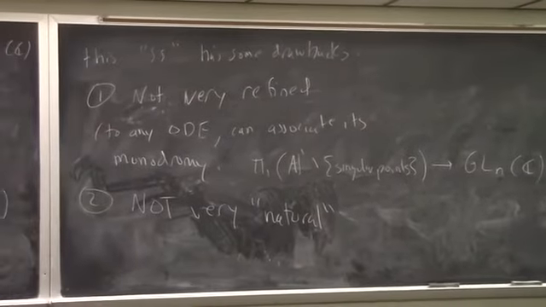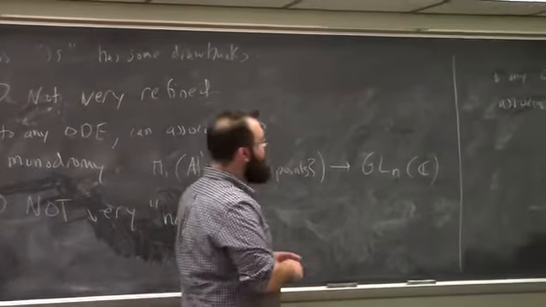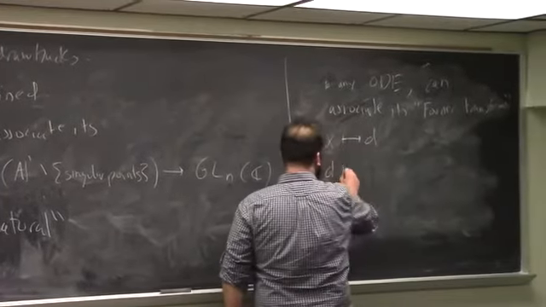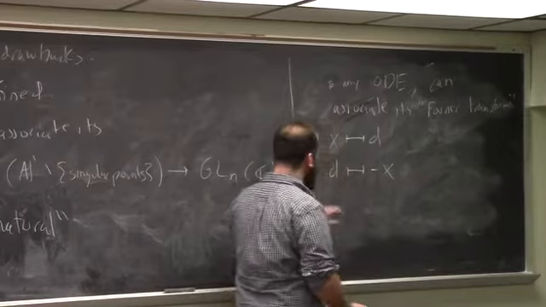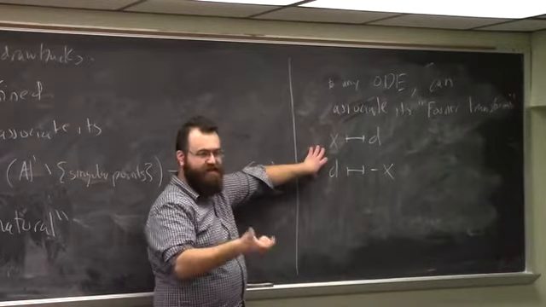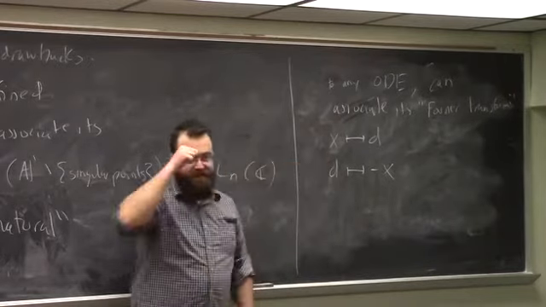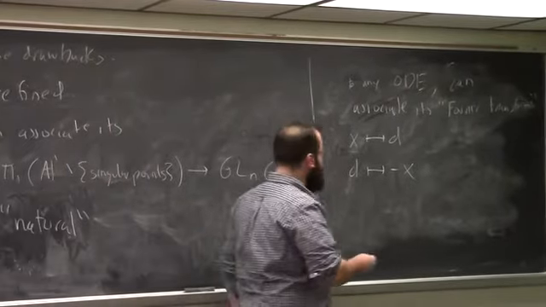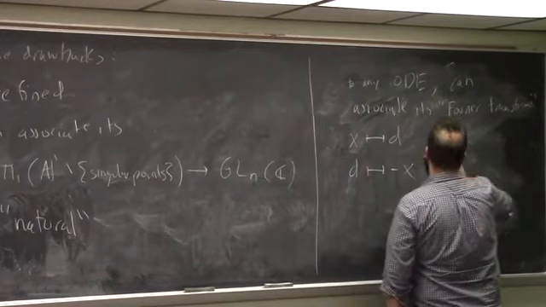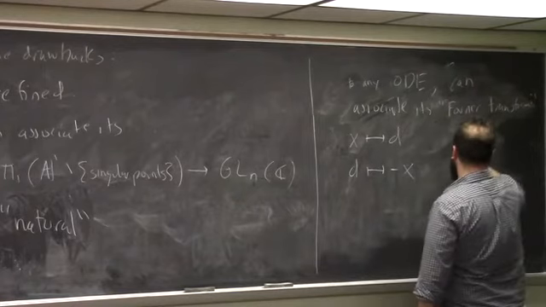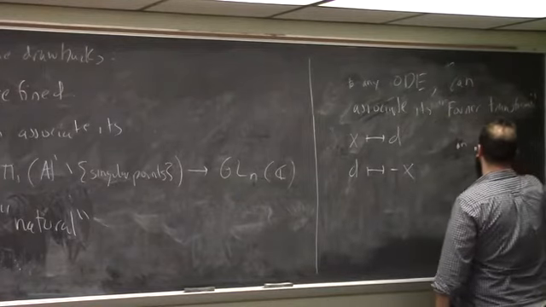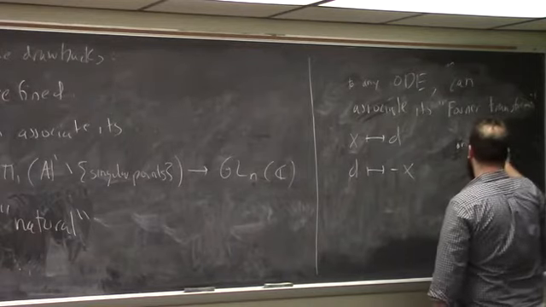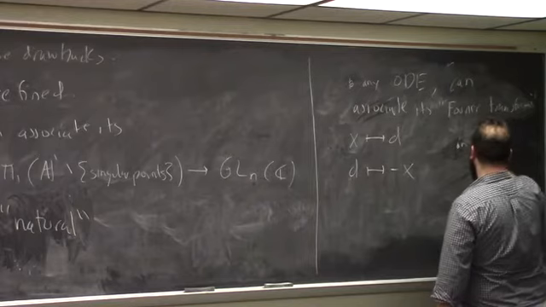And to that, I can apply an operation where x transforms to d, and d transforms to minus x, right? So we can apply this involution on this space of things, and it will take one ODE and spit out another. Actually, it's not quite an involution. You need to do it 4 times to get the identity. Sorry, I don't know what to call it. Half involution?